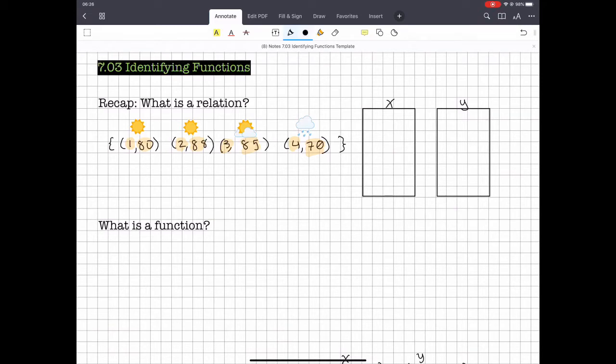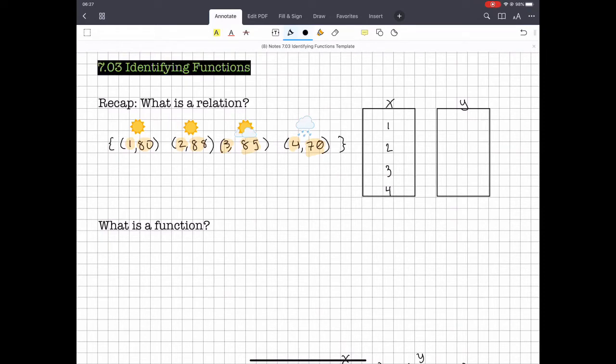We organized this into something called a mapping diagram. And the way the mapping diagram worked was that we would put our input data, which is our x values of the ordered pairs, into the box in ascending order. So 1, 2, 3, and 4. There's our hours.